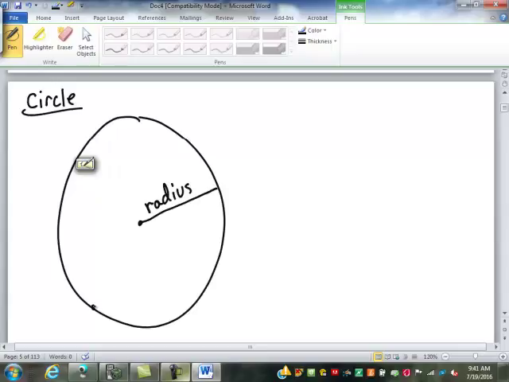If I have a segment that has its endpoints on the circle, does anybody know what that's called? That is called a chord. A chord that contains the center of the circle is called a diameter.